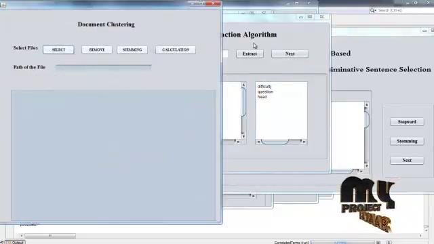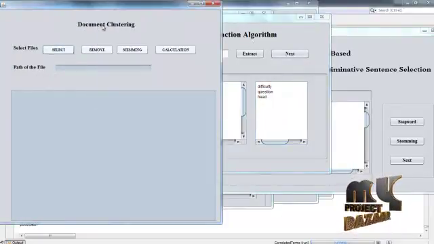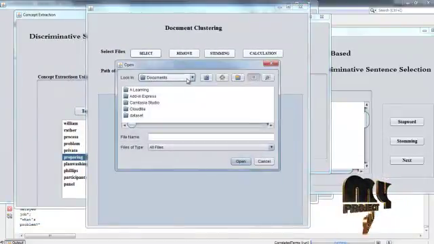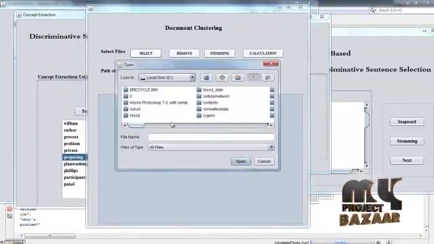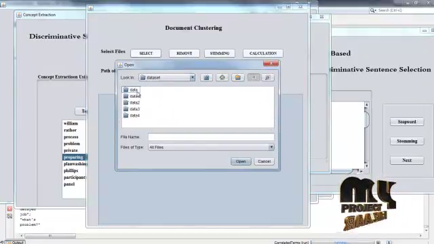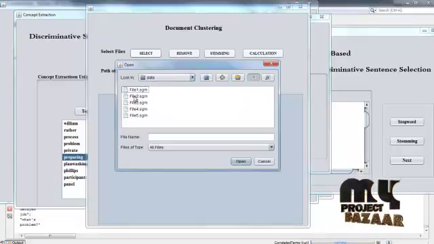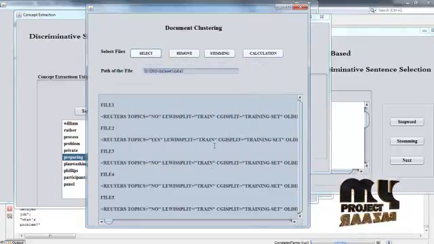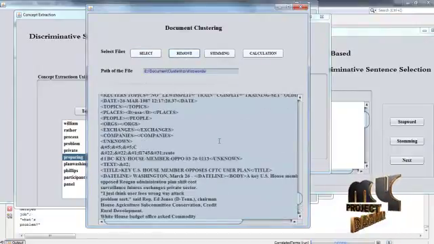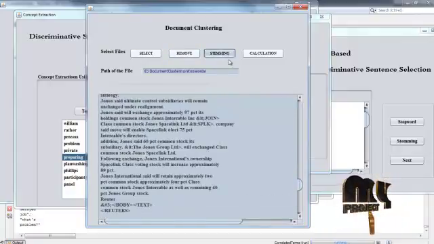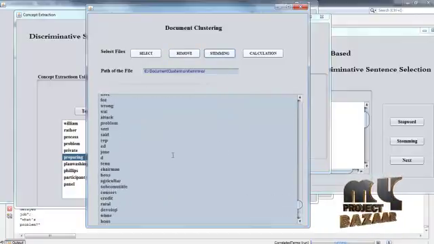Next is the document clustering. I am going to choose the input data for the document clustering process, which is the same as the Reuters data. I am going to choose any one of the inputs. Next I am going to perform the preprocess steps, that is filtering of unwanted characters. Stopword and stemming is also performed here, the same as in the correlated terms extraction.